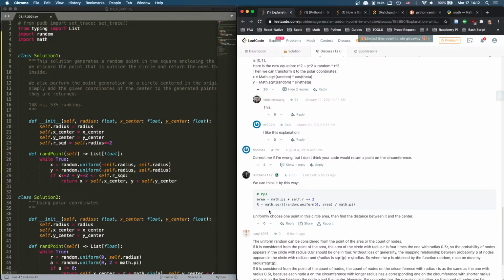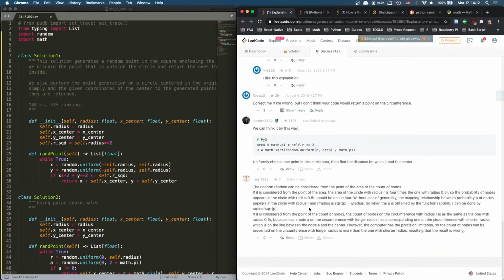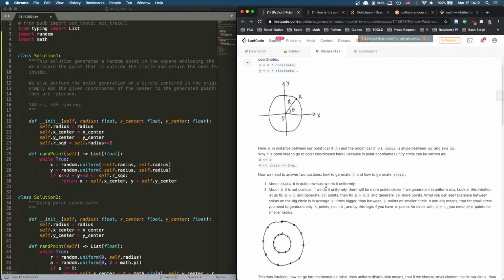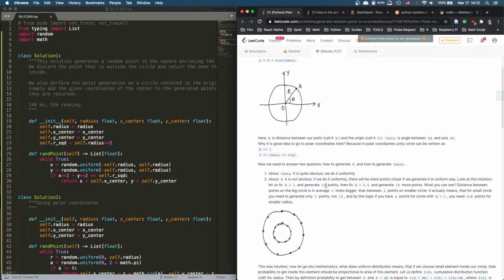Area is this. R is... now I like the explanation. Oh my god, the drawing. Theta is quite obvious. We do it uniformly.